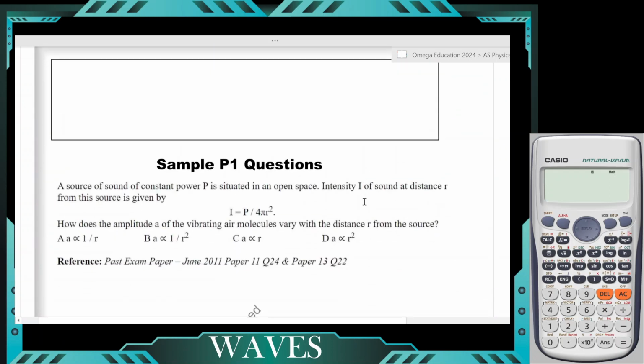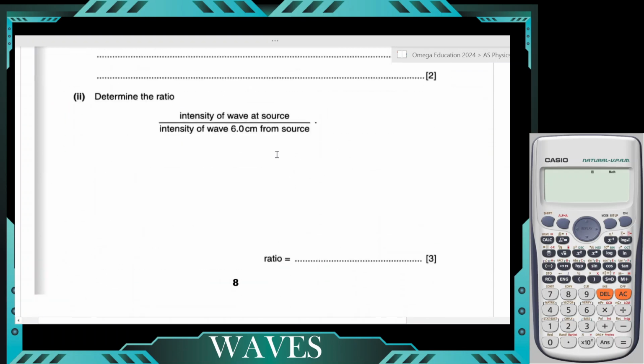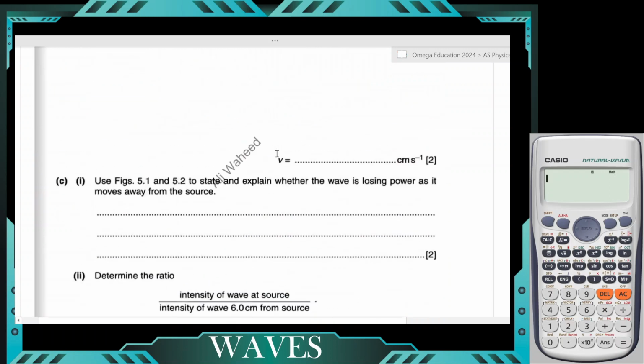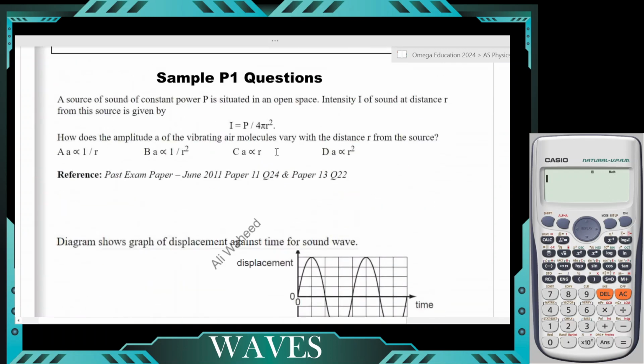So let's move on to some of the sample questions that we have over here. And precisely, we'll try to solve the questions of intensity of wave. And all the simpler questions, I'll just skip forward those ones. So here we have the first one. How does the amplitude A of the vibrating air molecules vary with the distance r from the source?